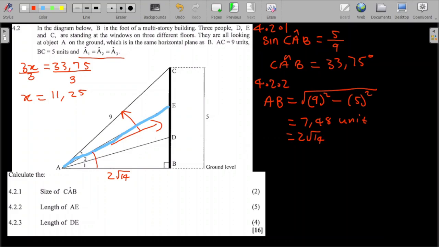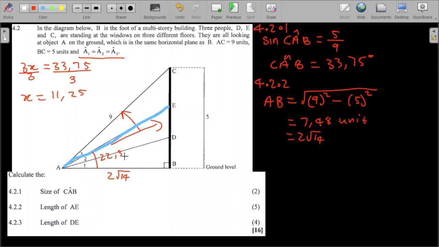Remember, I do have this angle here. So this one, now remember, each of these angles is 11.25. So finding of that one is going to be 22.5. Now, from here, 22.5, I do have this.